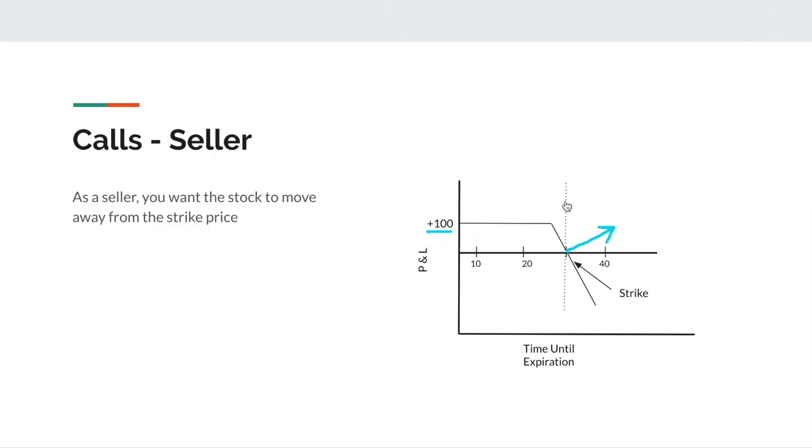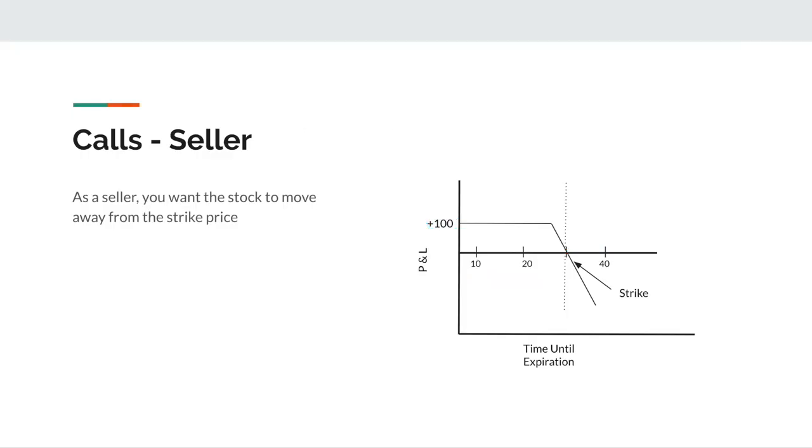Your hope is that by the time expiration comes, the stock closes at $29.99 or under and you will collect your full $100. As the stock stays under that $30, you will continue to receive that credit. However, the moment the stock closes above $30, you will start losing that credit, and if it closes above $30 at expiration, you will lose that entire $100 credit.